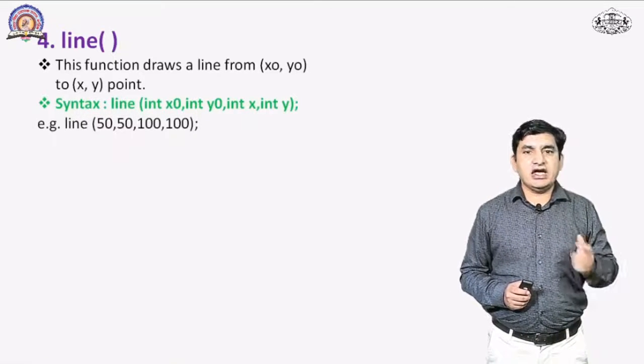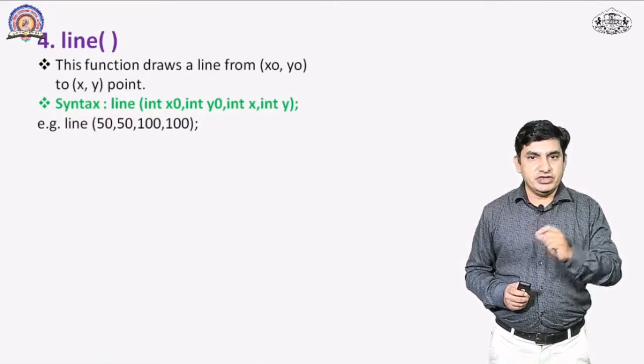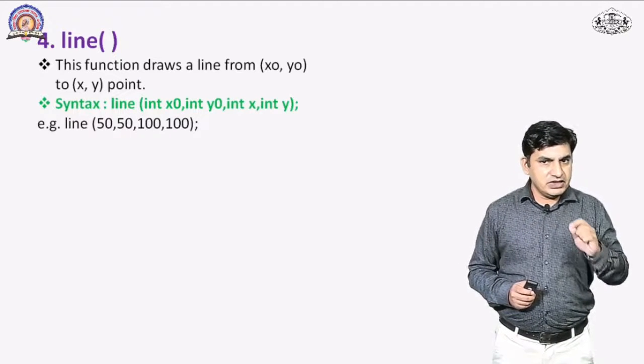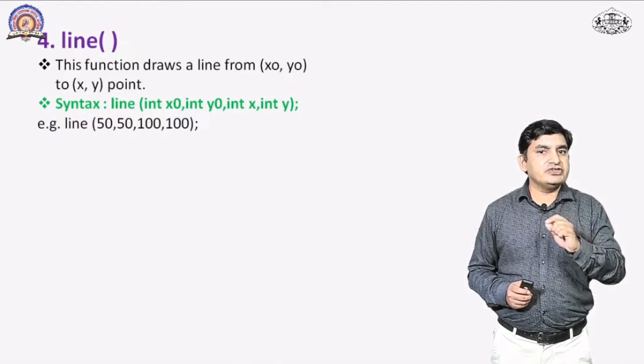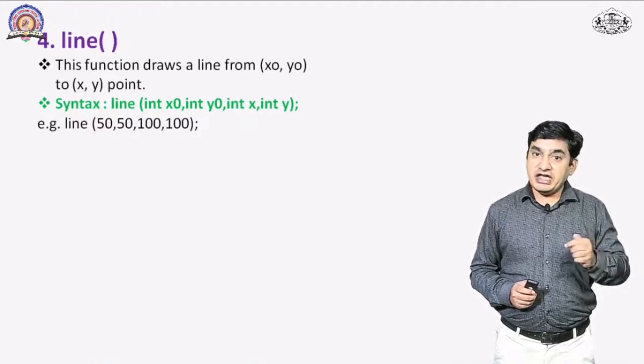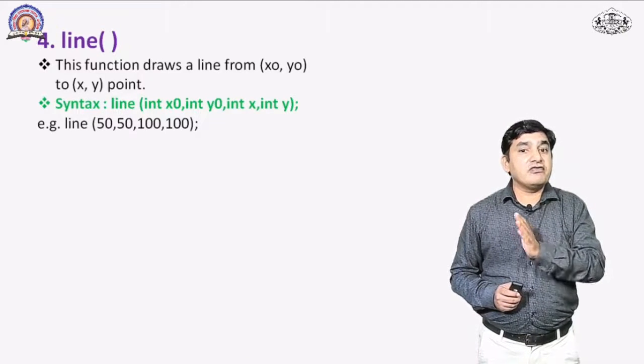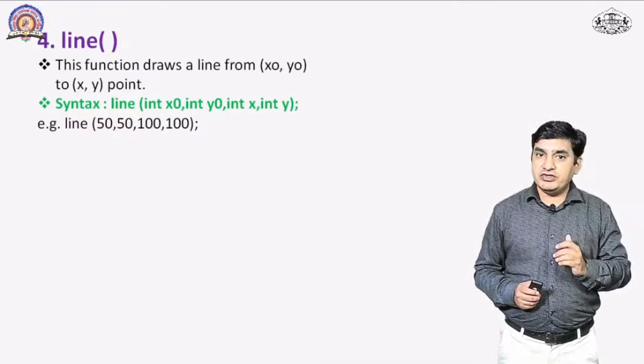Syntax is line(integer x0, integer y0, integer x, integer y). Integer x0 and y0 are the starting or initial coordinates, and integer x, y are the final coordinates of the line.